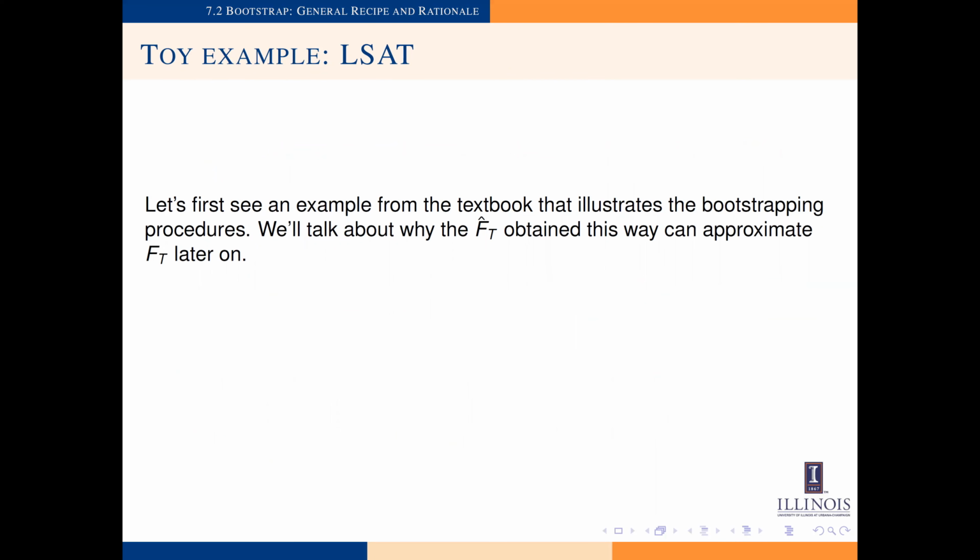Let's see a toy example involving the LSAT exam. This example is described in the textbook, and it illustrates the idea of bootstrapping procedures. Later on, after seeing this example, you'll get an idea of how exactly this procedure is performed, and then we'll talk about why the f hat of t obtained this way can approximate ft.